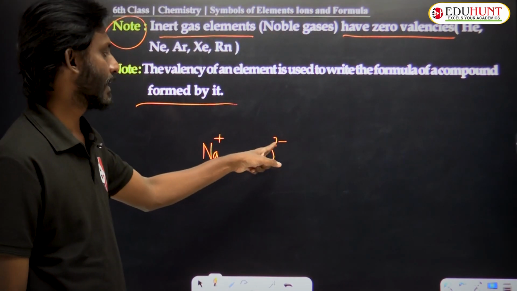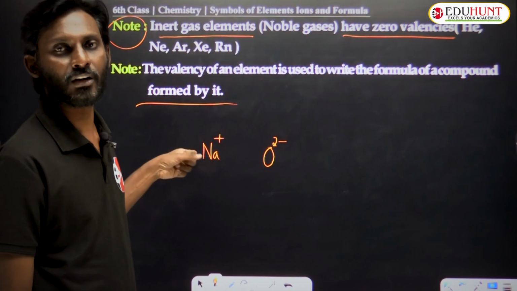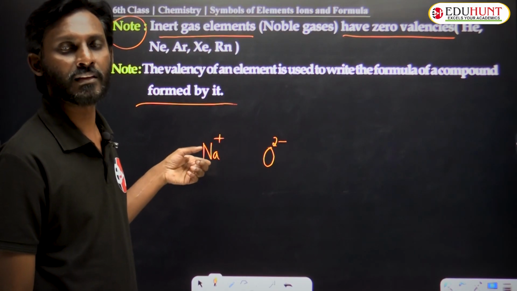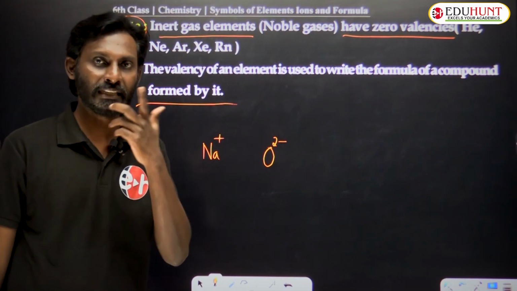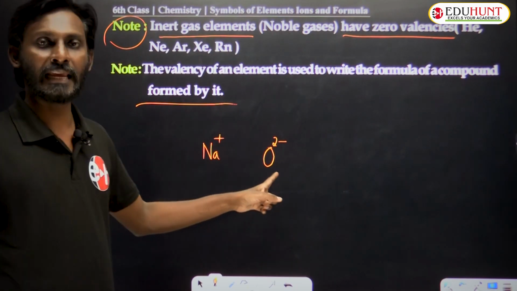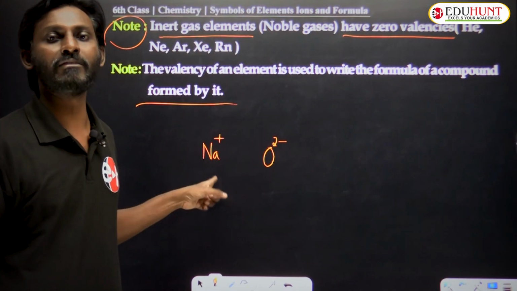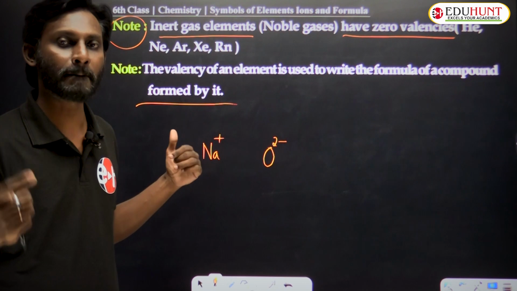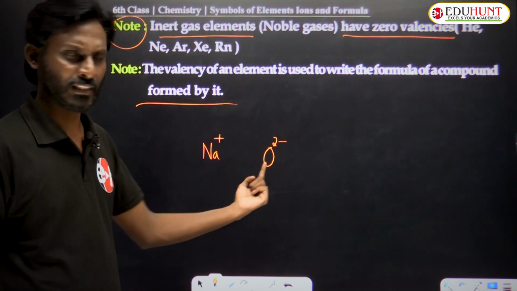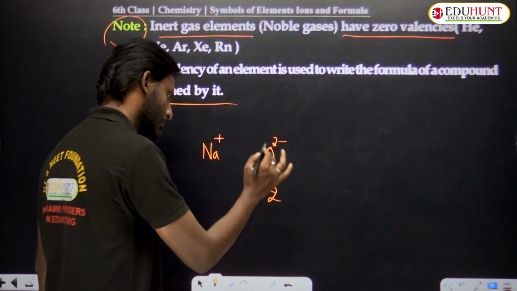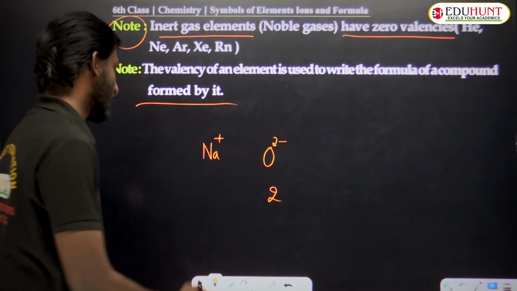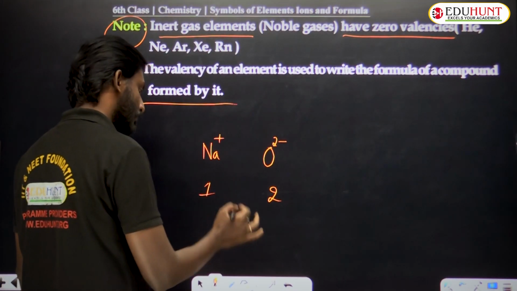Now see, oxygen can gain 2 electrons, sodium can lose only 1 electron. Then think carefully. The combining capacity of oxygen is 2 and the combining capacity of sodium is 1.